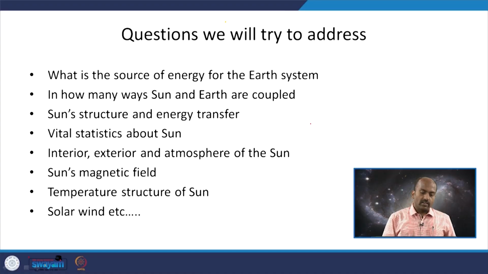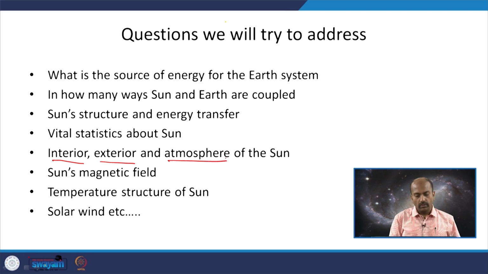We will try to understand Sun's structure and various means of energy transfer that happen inside the Sun as well as outside the Sun. A few vital statistics about the Sun, very important numbers, parameters which will define the size of the Sun, for example. A few important aspects about the interior, exterior and the atmosphere of the Sun.